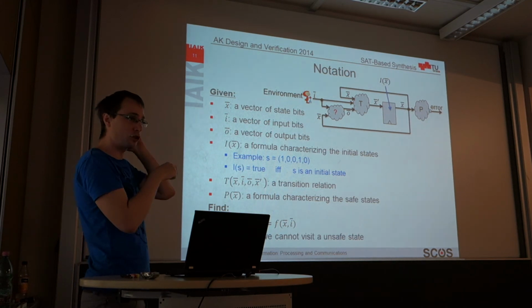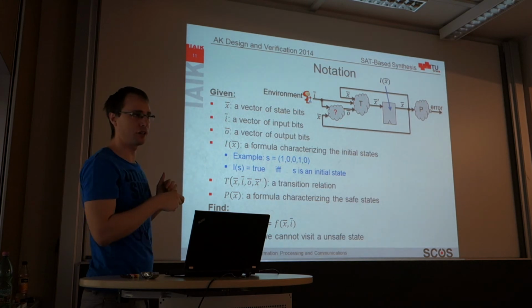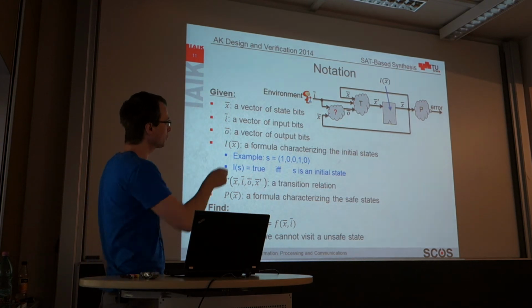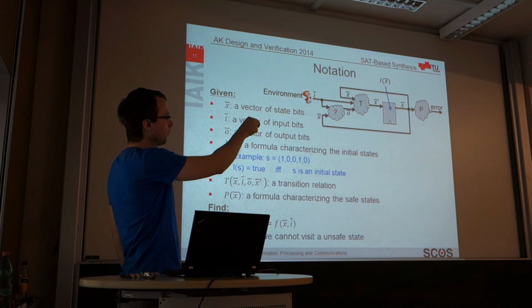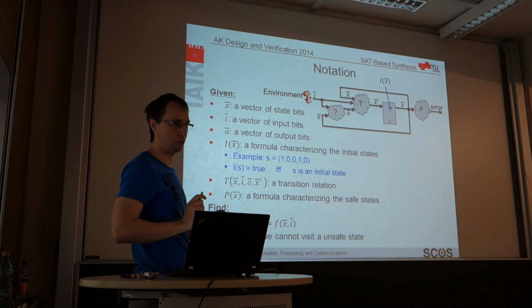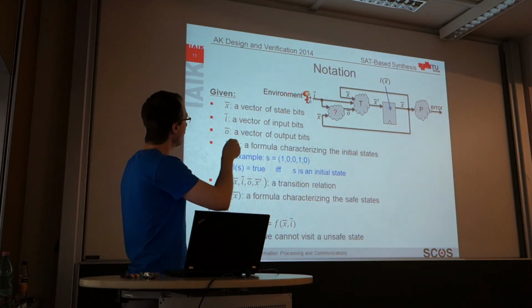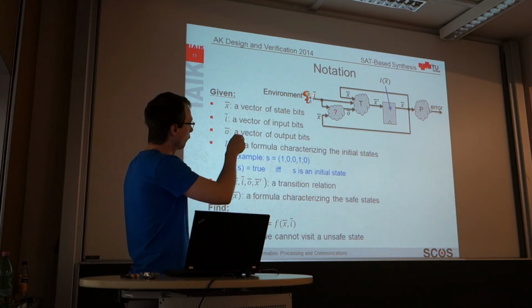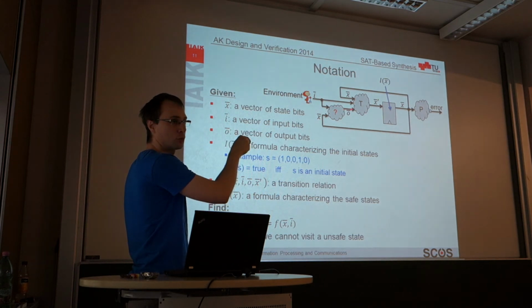So this is not just one transition which is encoded here, but how this machine works is initially these flip-flops have certain values assigned for the state bits. This is our initial state. Then the machine reads a certain input word, and our system which we want to synthesize produces a certain output word, and this defines the next state.